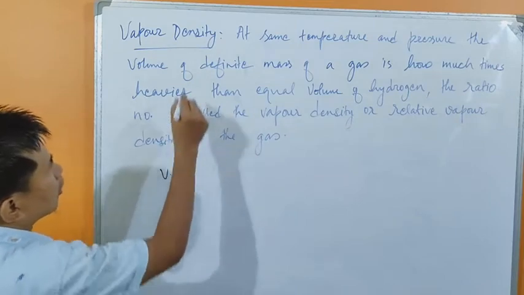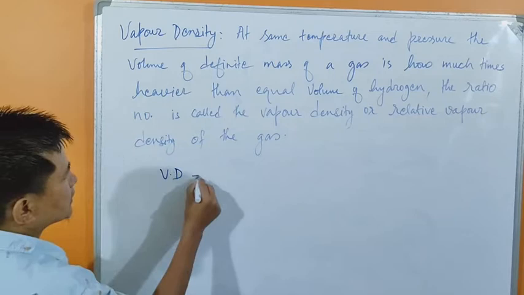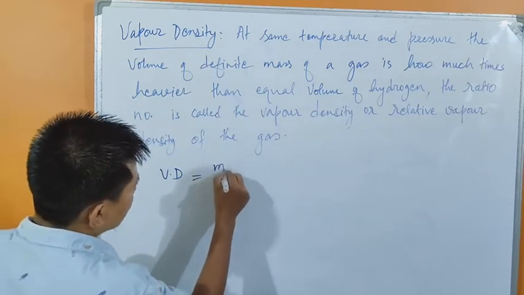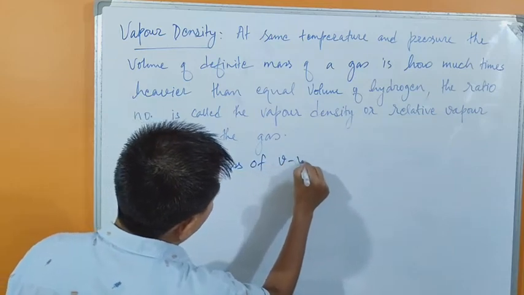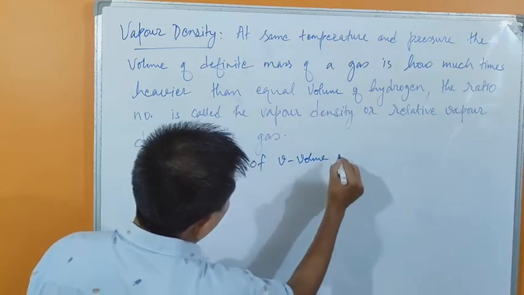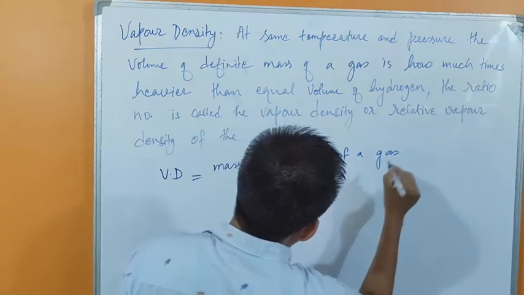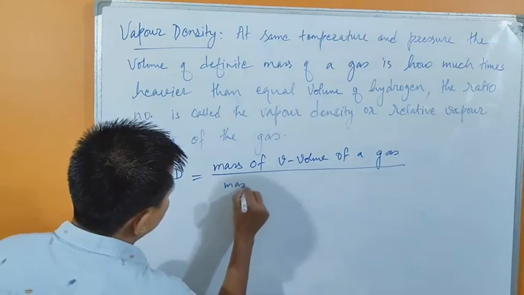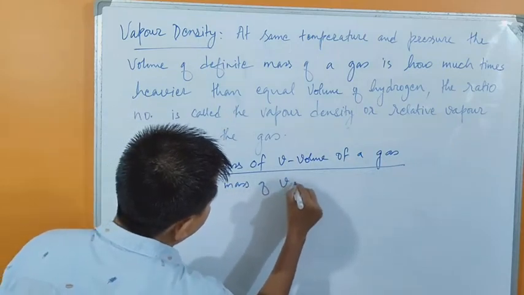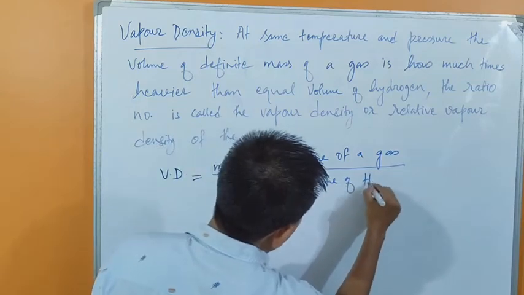Vapor density, according to the definition, I am writing Vd. Vapor density means the mass of V volume of a gas divided by the mass of V volume of hydrogen.